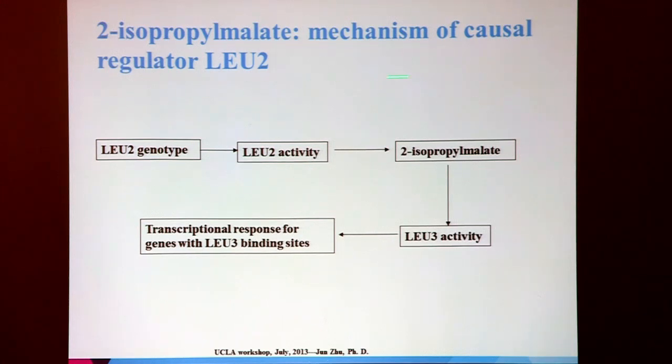So based on all this data, before we had a missing link: from the genotype at LEU2 to the downstream genes, we didn't know what happened. The only thing we knew was that the LEU3 transcript doesn't change, so what other change there was, we didn't know. But now we have 2-isopropylmalate.